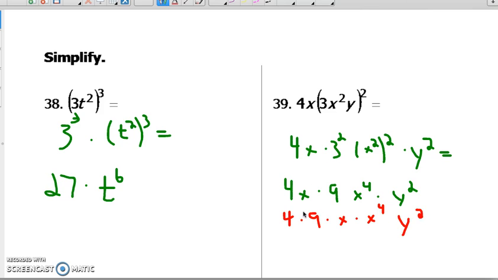And then 4 times 9 is 36. And then I have x times x to the fourth is x to the fifth, doing the product of a power rule, and then y squared. Okay?